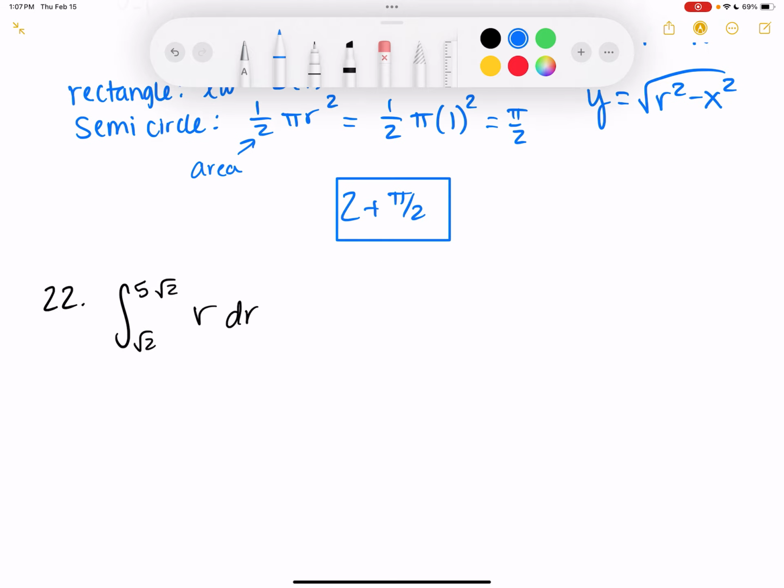So what is the antiderivative of r with respect to r? That's why it's critical to look at this piece of information right here so that you know what you're integrating with respect to.